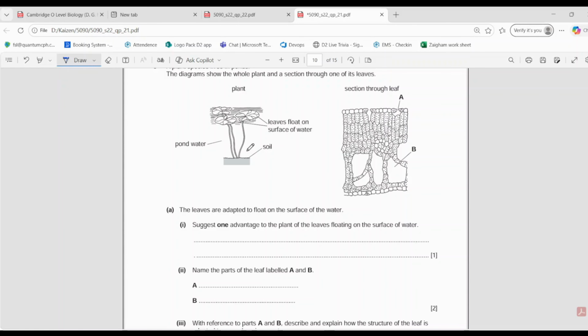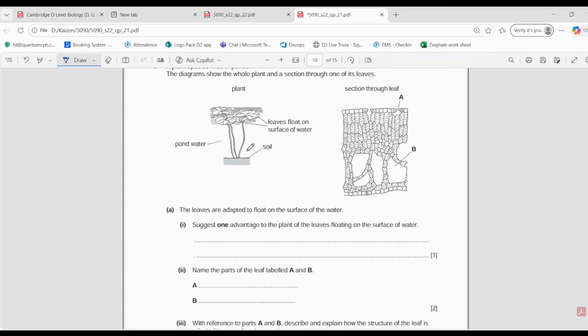Correct. Okay. These leaves are adapted to float on the surface of water. Suggest one advantage of the leaves floating on the surface of water. What do they get from it? Correct.